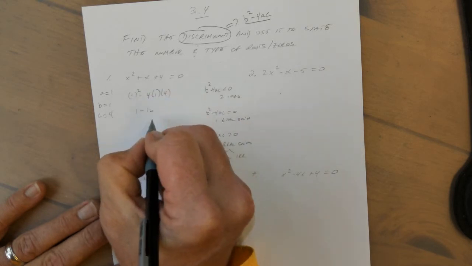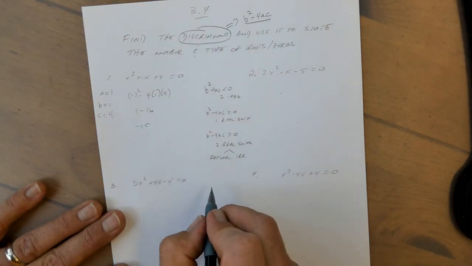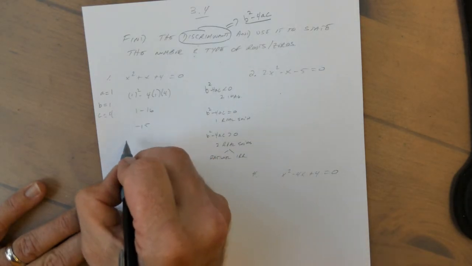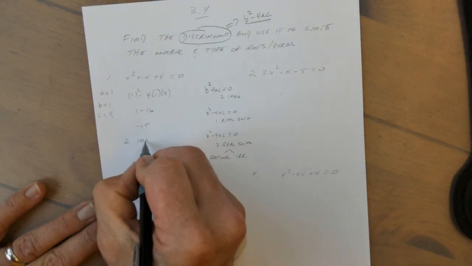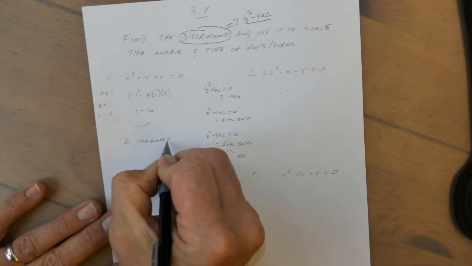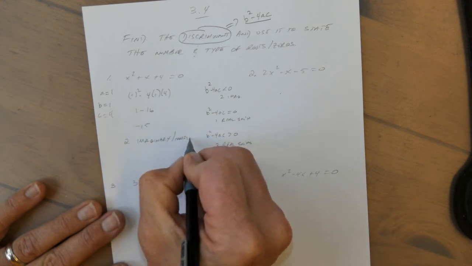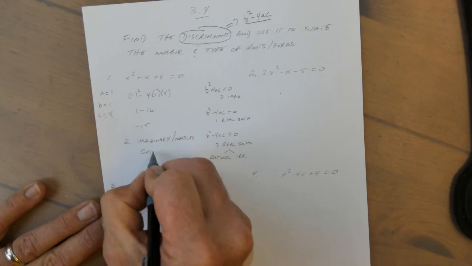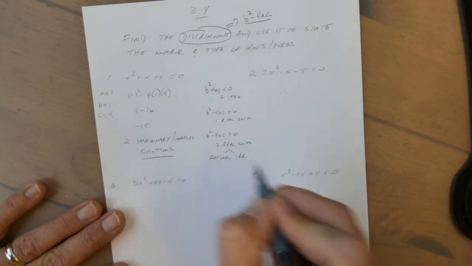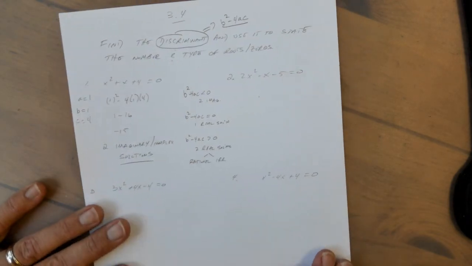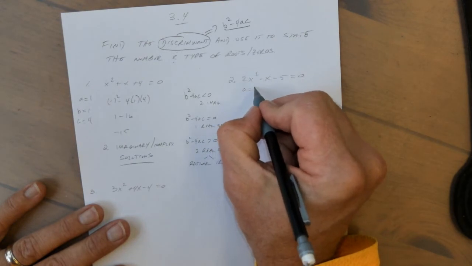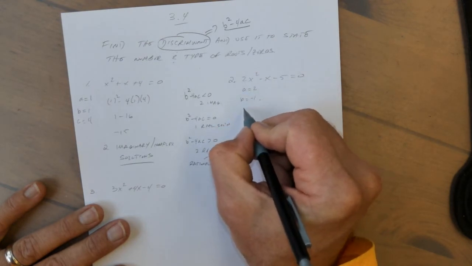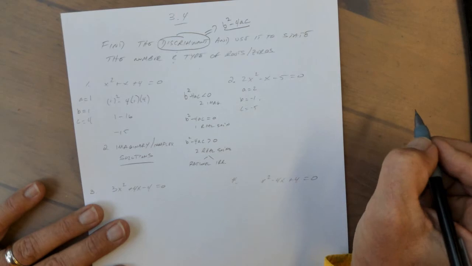We have 1 minus 16, that's negative 15. Because that is less than 0, we have 2 imaginary or complex solutions. Okay, moving over to number 2, a is 2, b is negative 1, c is negative 5.